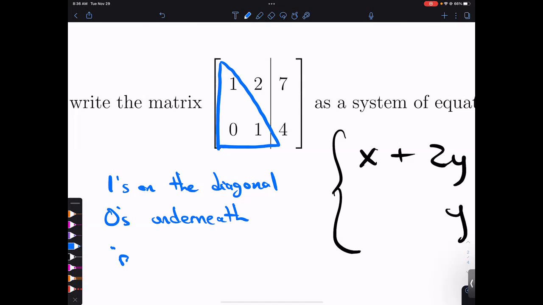That's called row echelon form. And again, if I have that, then we're pretty much done.